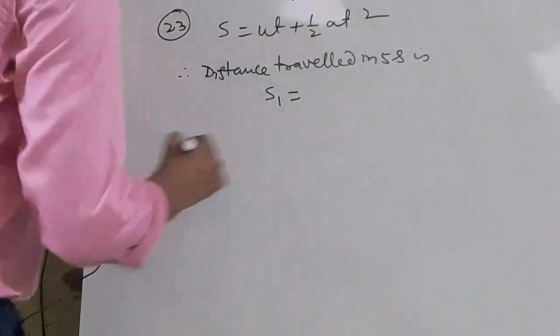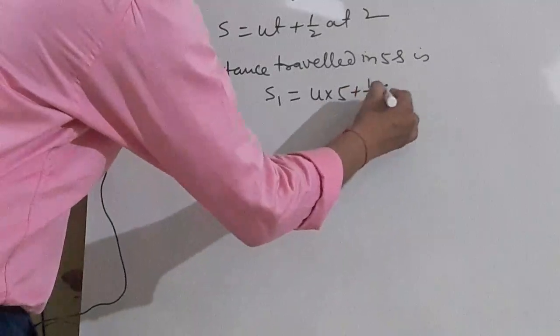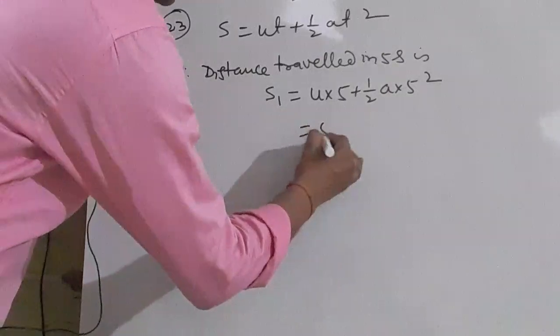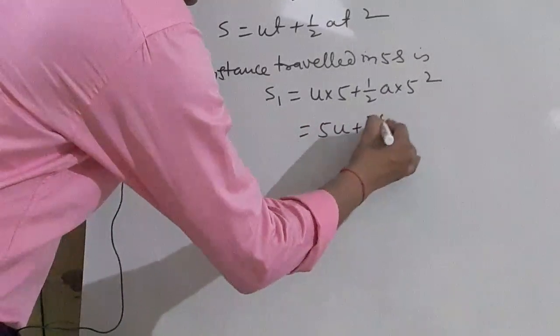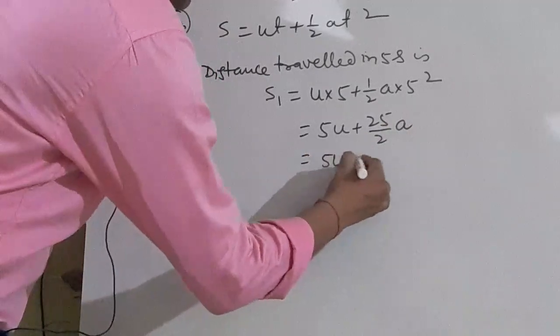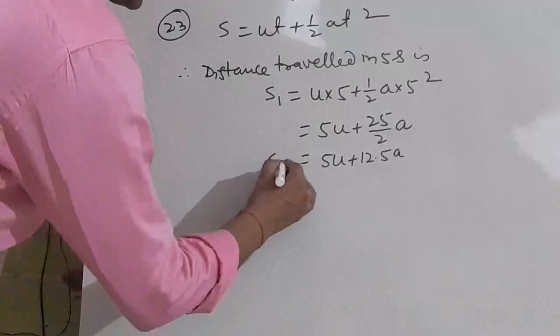It is equal to u into 5 plus half a into 5 squared. So this is 5u plus 25 by 2 a, means 5u plus 12.5a. And from here you have S1.